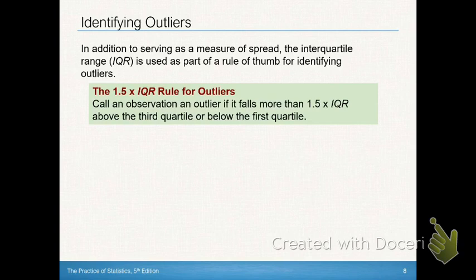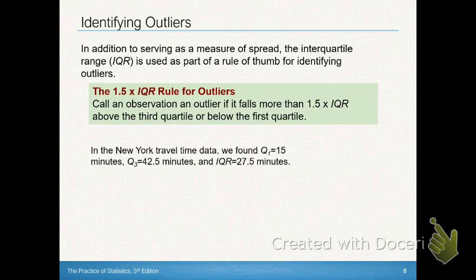If a value is more than 1.5 times the IQR away from either the first or third quartile, that makes it an outlier. For our problem with the commuters, we had our Q1 as 15, our Q3 as 42.5, and our IQR of 27.5. We take our IQR and multiply it by 1.5, so any value more than 41.25 away from either Q1 or Q3 would be an outlier.